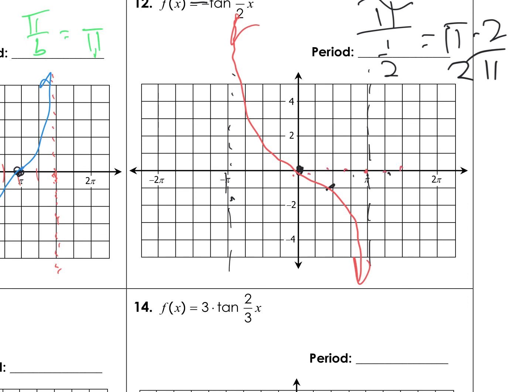If I go 1, 2, 3, 4, I only have room to do half of a picture on this side. Boom. There it is. And on this side, 1, 2, 3, 4. I only have room for a half of a picture, and it'll be this piece here. Boom.